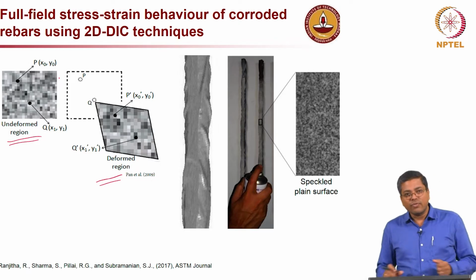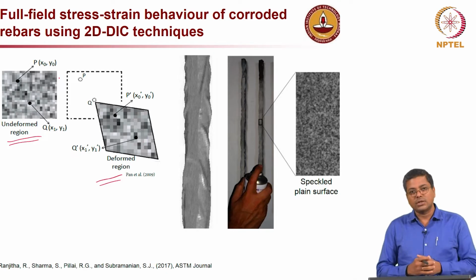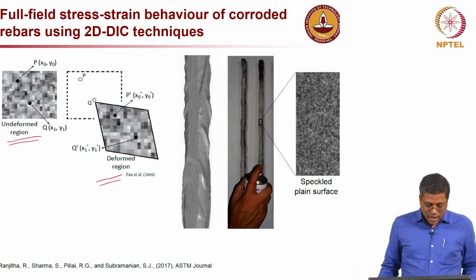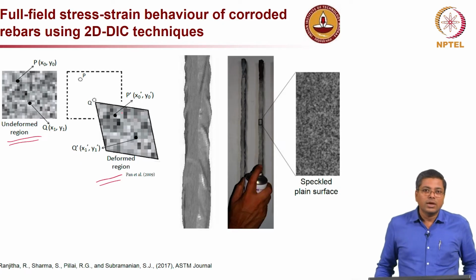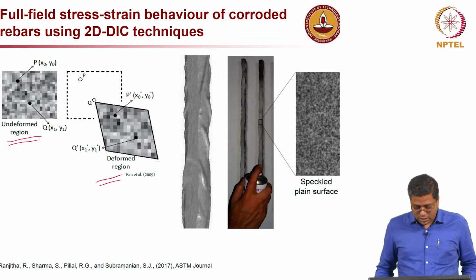Then during the stress strain test, the tensile strength test, you can see how each pixel is moving, and based on that we determine what is the local stress strain behavior.